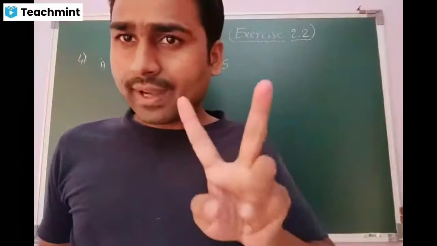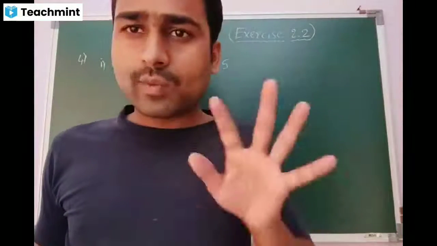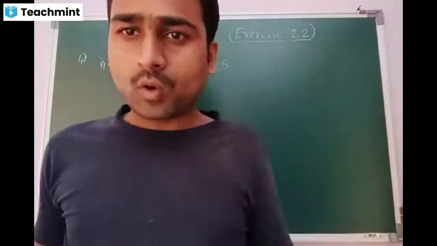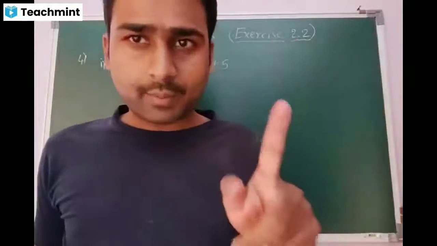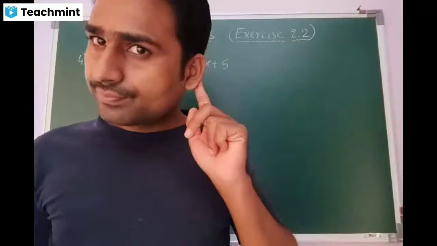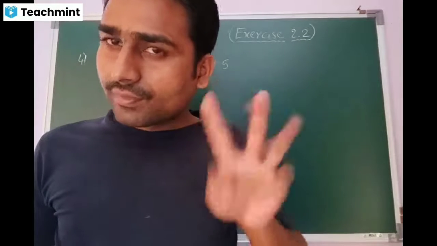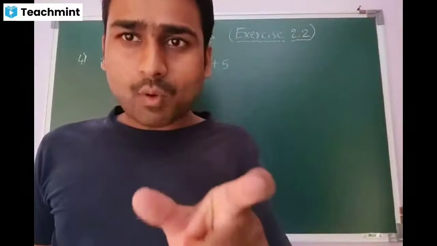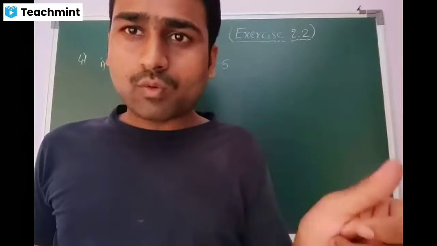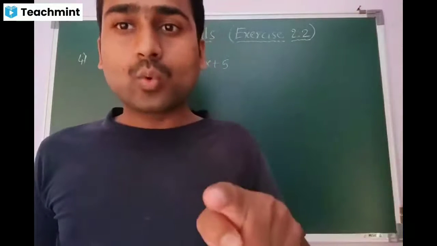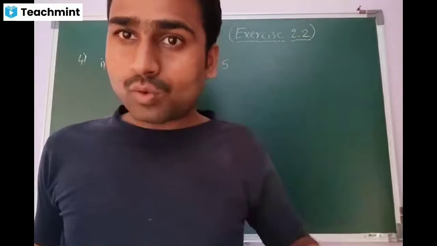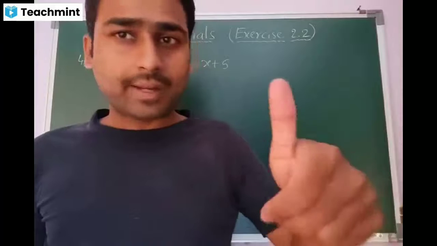In the first main and the second main, they have given some values for the variable. We substituted them in the polynomial and got the final answer. In the third main, they gave one polynomial and some values for the variable. They asked you to check whether the given values are zeros of the polynomial or not. Am I right, beta?